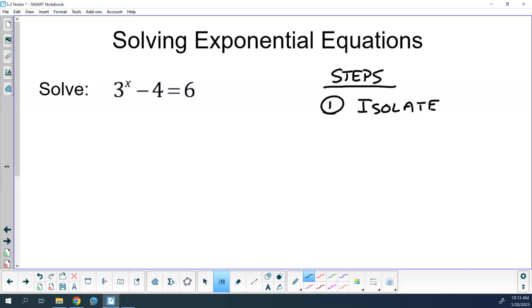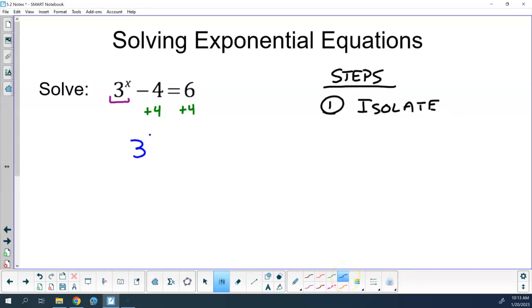So if it's an exponential, we need to get rid of everything but the exponented term. 3 to the x power, right there, that is our exponented term. Okay? So that's what I need to get by itself. So I'm going to add 4 to both sides.